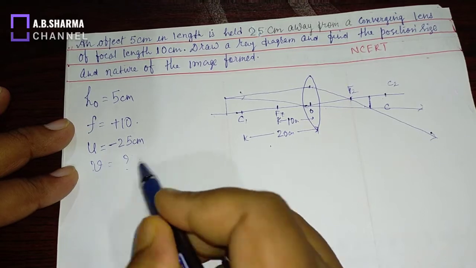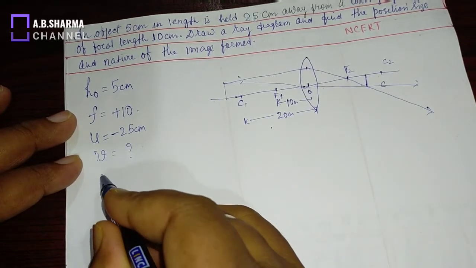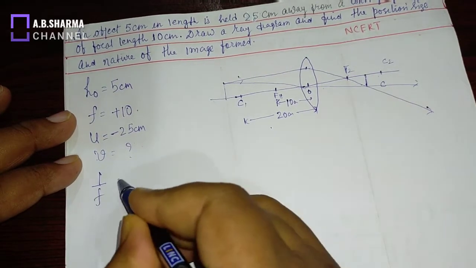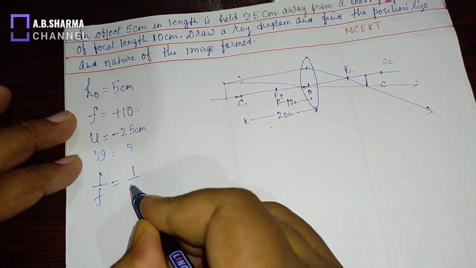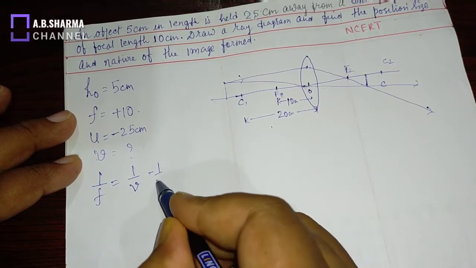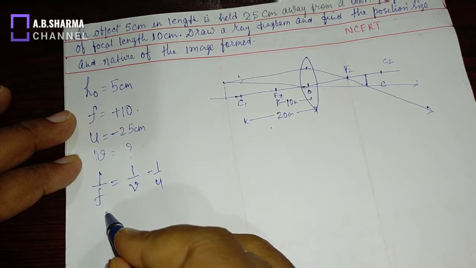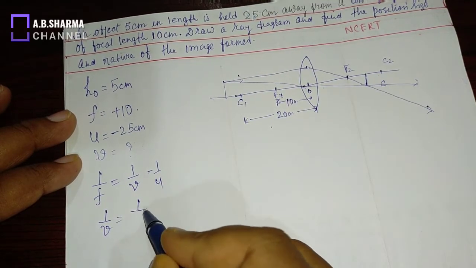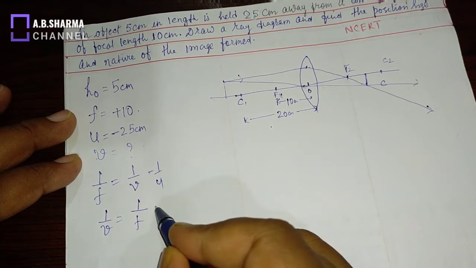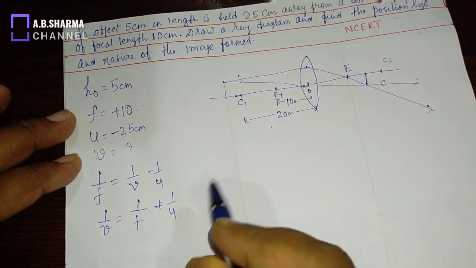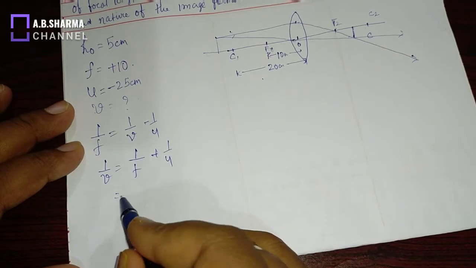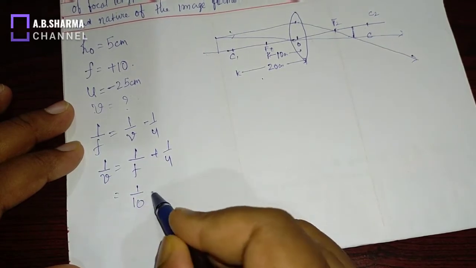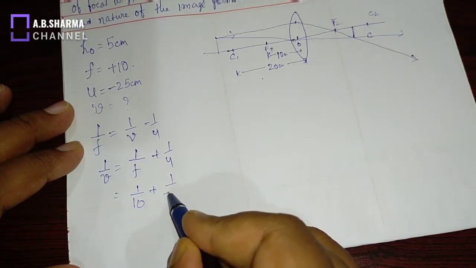V equals to what? Using lens formula, 1 over F equals to 1 over V minus 1 over U, and 1 over V equals to 1 over F plus 1 over U, which is equals to 1 over 10 plus 1 over minus 25.